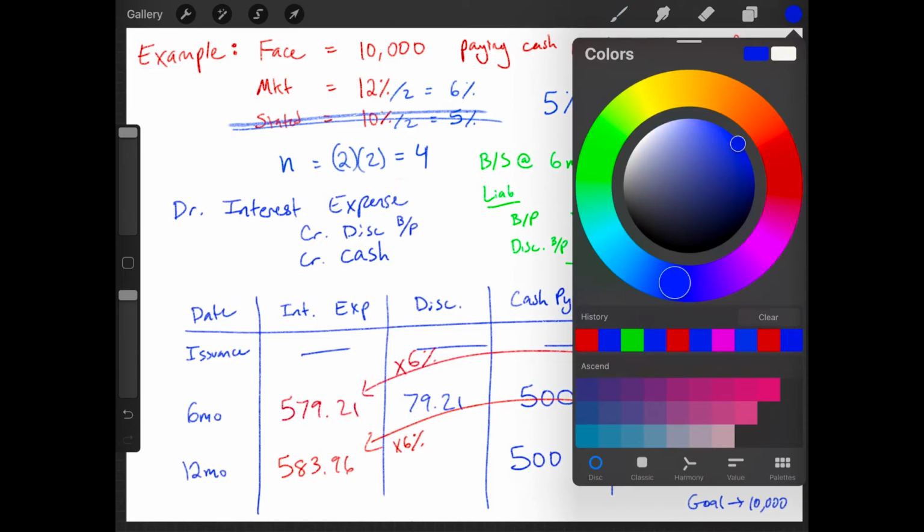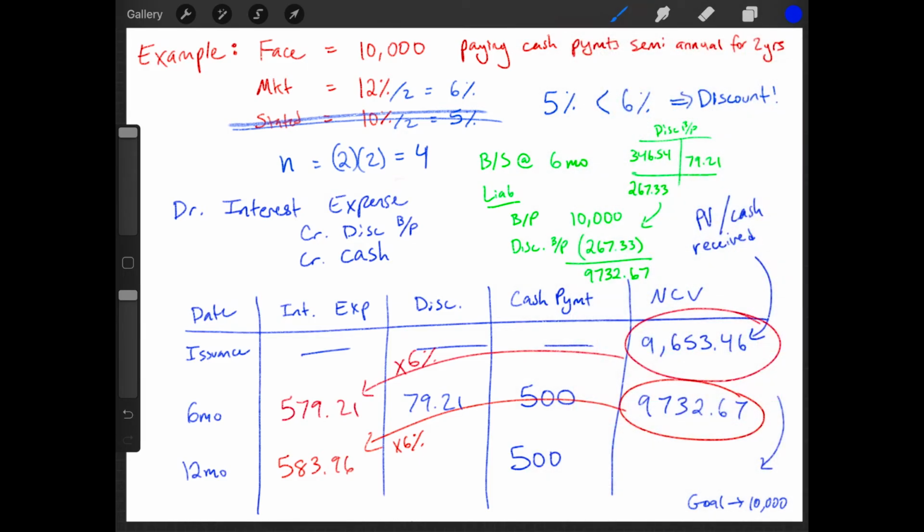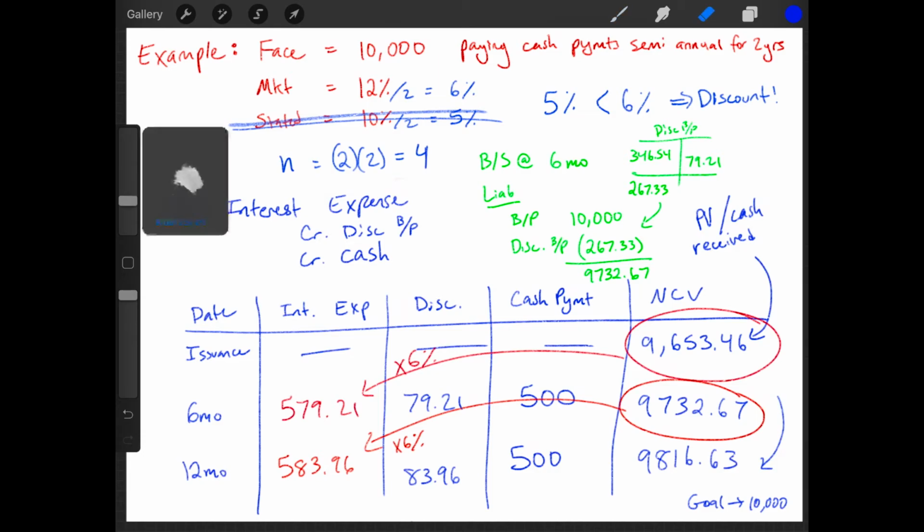So again, we compare that to our cash payment amount, which is $500, and the difference will be the amount we amortize to our discount on our bond payable account of $83.96. Since the goal is to get our net carrying value to $10,000, we know we'll add that $83.96 to get a new net carrying value at the end of the period of $9,816.63.